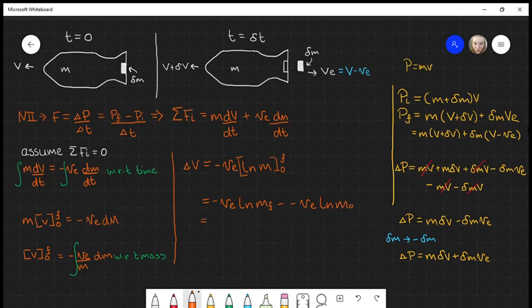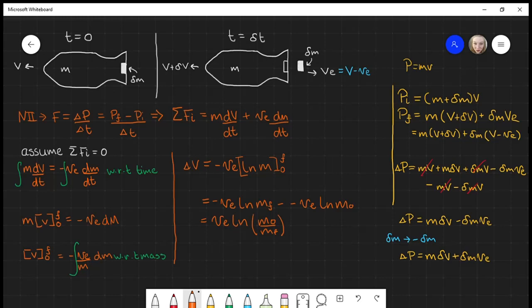So minus and minus just make a plus. Ln mo over mf, where mo is just the mass of the rocket initially, so the mass when time is 0, so nothing has been expelled yet, and mf is the mass after all of the expulsion of the propellant.